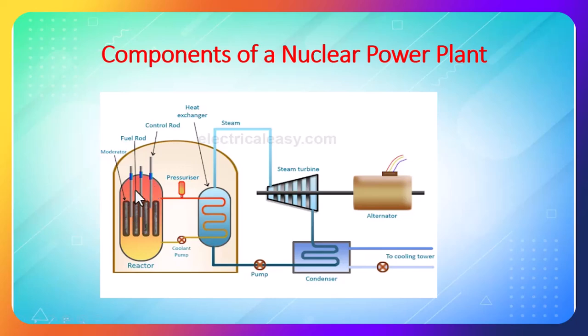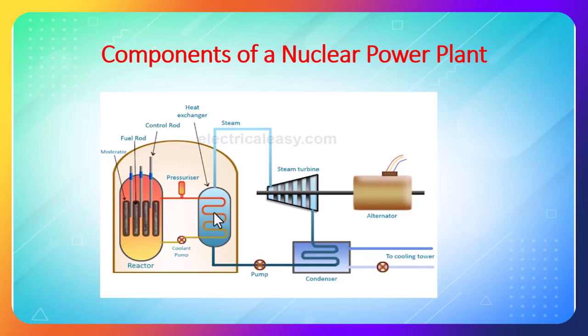So now here heat is produced. This orange color, we can see, is heat. That heat I will bring here, and that heat I am going to use to heat my water, and the water will get converted into steam. That steam is brought into the steam turbine. After passing, it will go to the condenser. Again I will pump the water and let it inside the nuclear reactor.